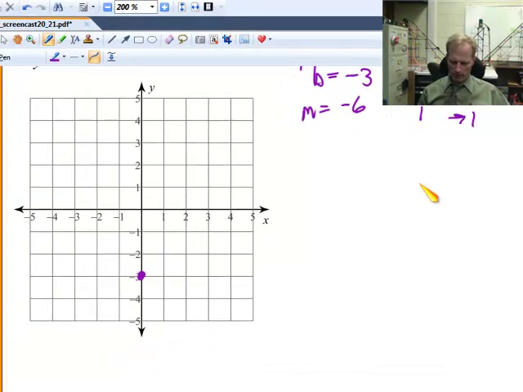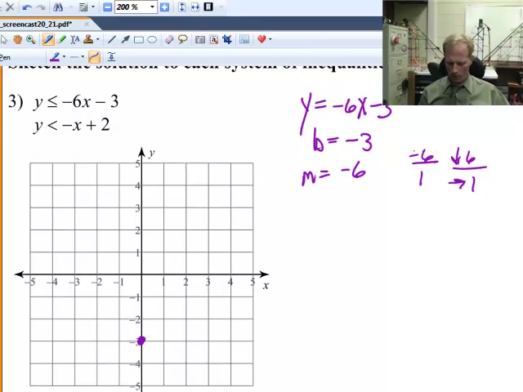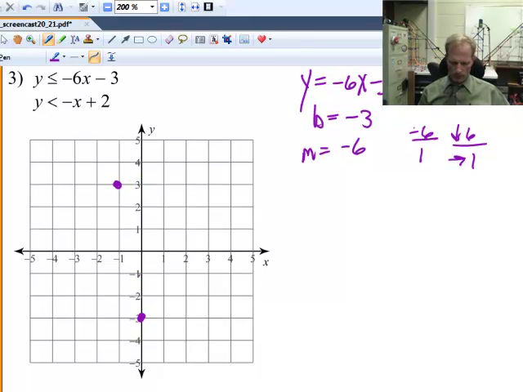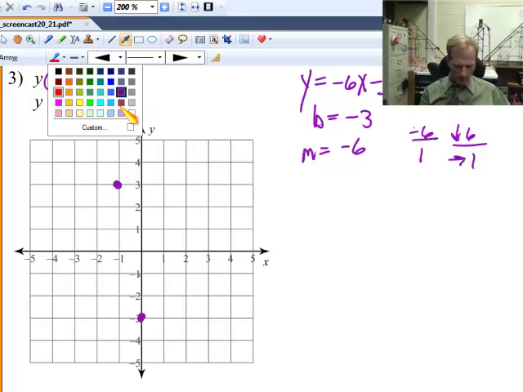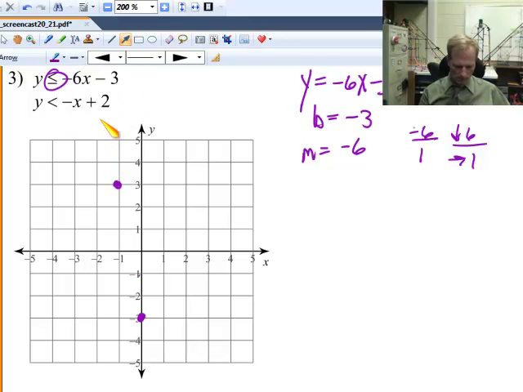Now since that's off the graph, instead I will go up 6 and to the left 1. 2, 3, 4, 5, 6 over 1. Alright, that's going to be a solid line because of the less than or equal to. So let me draw a solid line connecting those 2 points.